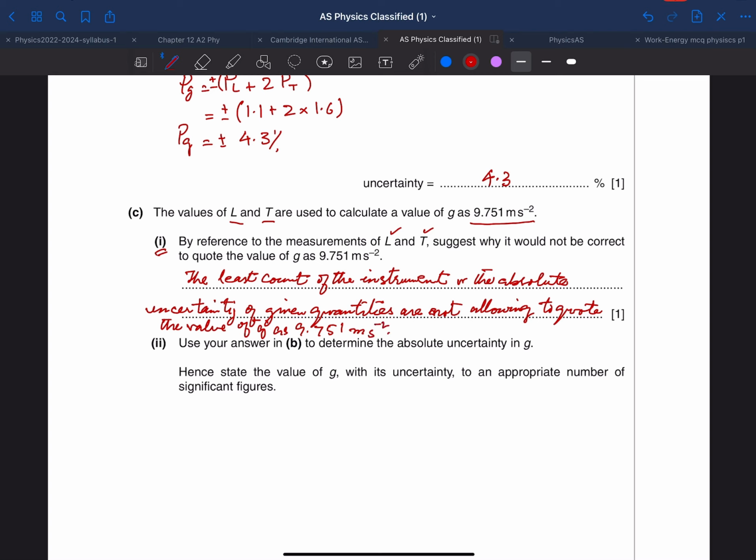That is, least count is important. You cannot go beyond that value. So this is what we have.